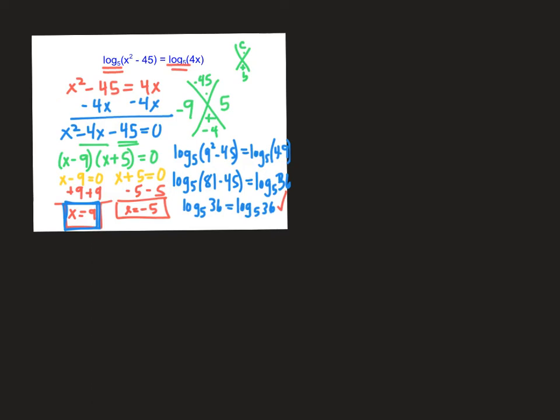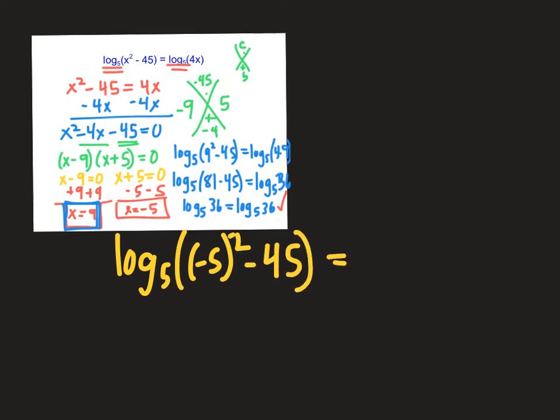We're going to do log base 5 of negative 5 squared minus 45. Sorry, I keep trying to write it over there and there's just not enough space. Okay, log base 5 of negative 5 squared minus 45 equals log base 5 of 4 times negative 5.